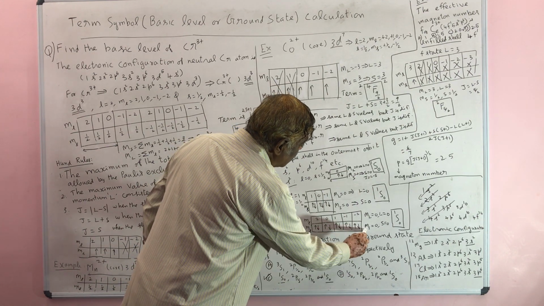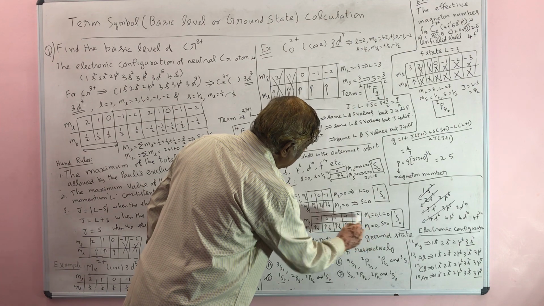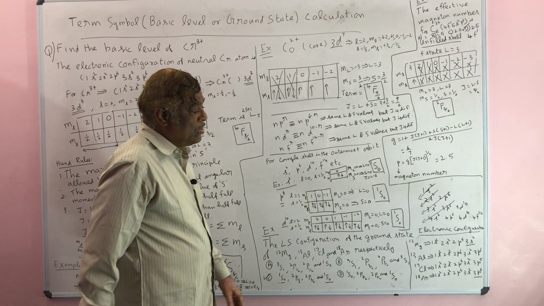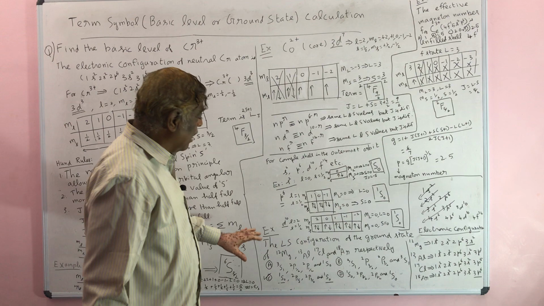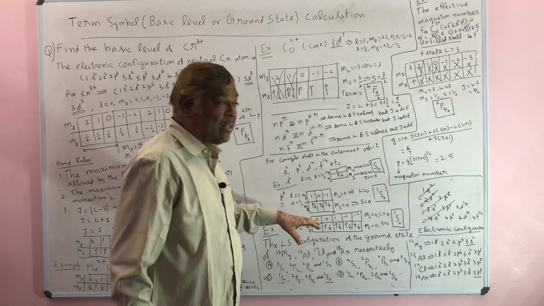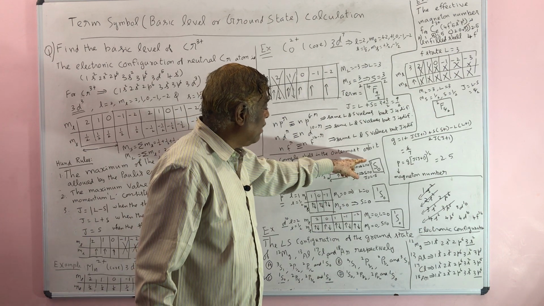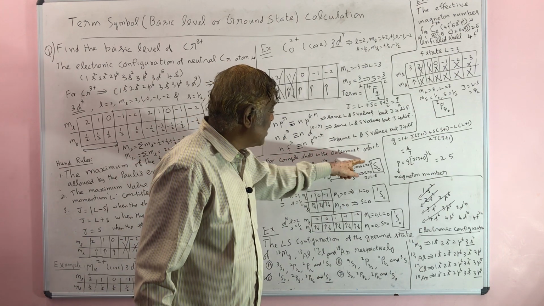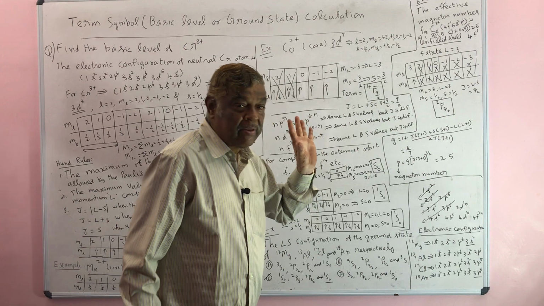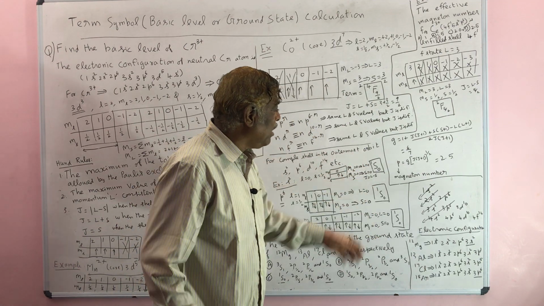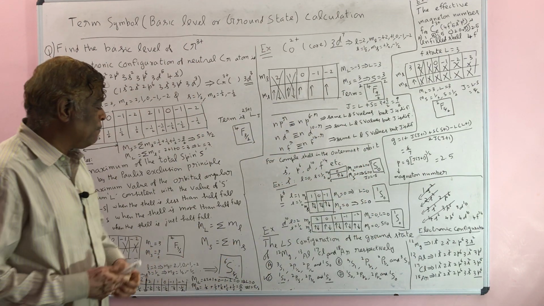So Ms is equal to 0, S is 0, Ml is equal to 0, L is equal to 0, J is 0. So from this we observe that if electrons are completely full in the outermost orbit, the ground level of a particular atom is J equal to 0 only. You must remember this, because this will be used for doing some problems.